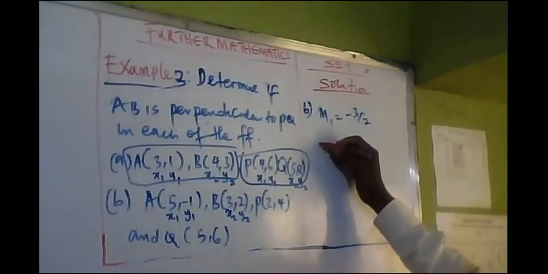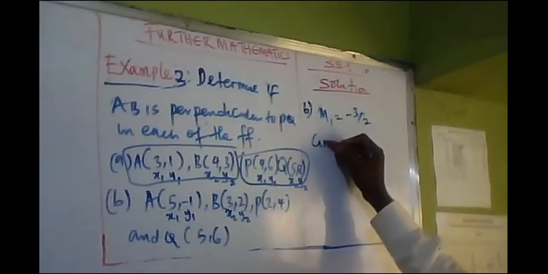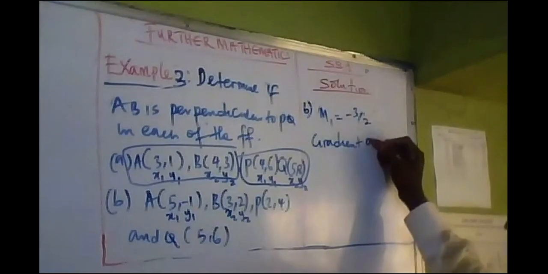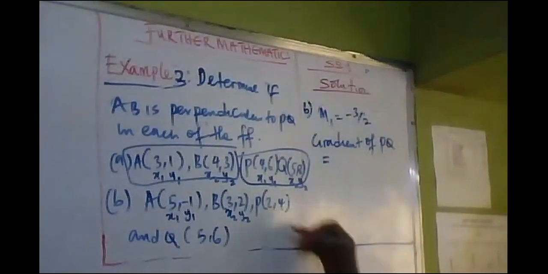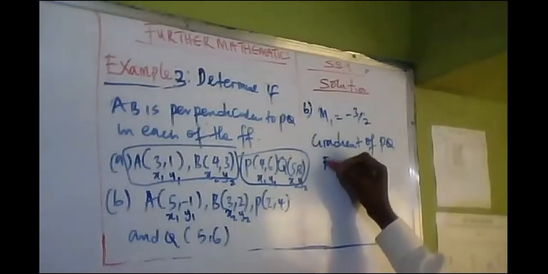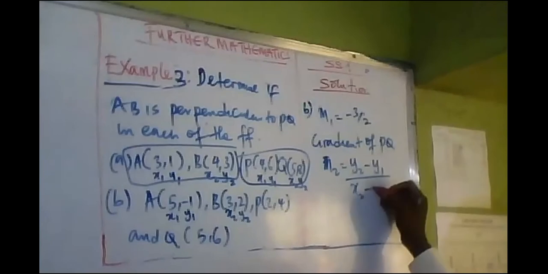So to get M2, that's the gradient of PQ: M2 is y2 minus y1 over x2 minus x1.